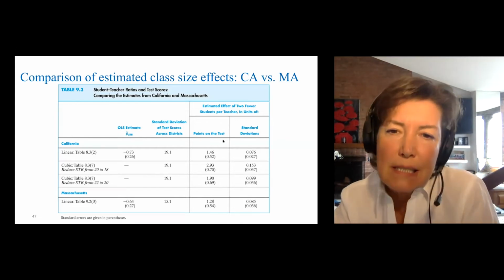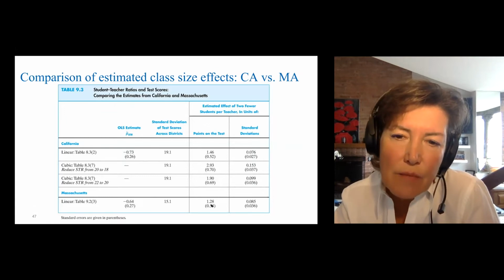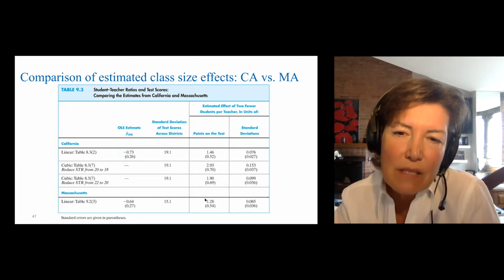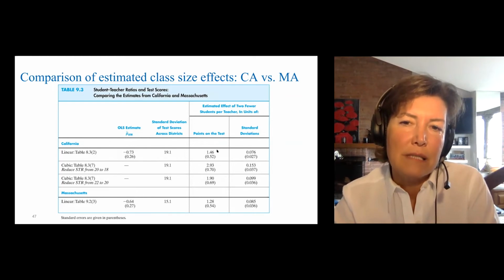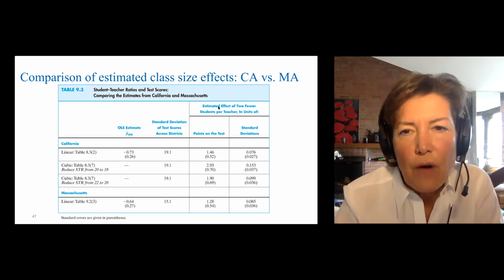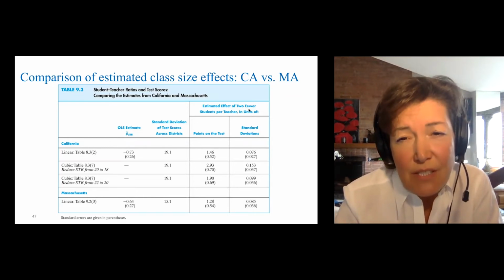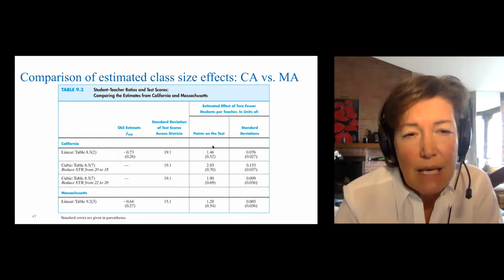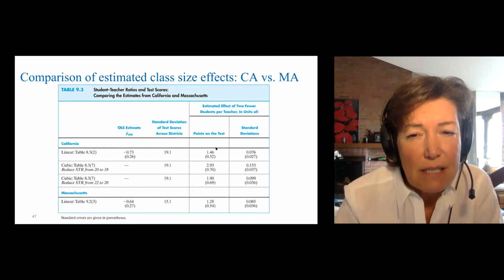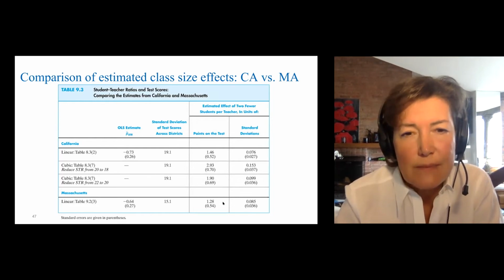But interestingly enough, with linear regression, not with nonlinear, we get a very similar result in Massachusetts. This is saying if I change the student-teacher ratio by 2 fewer students, I can increase test scores by 1.46 in California and by 1.28 in Massachusetts.